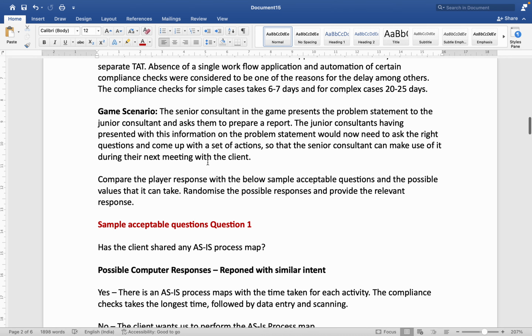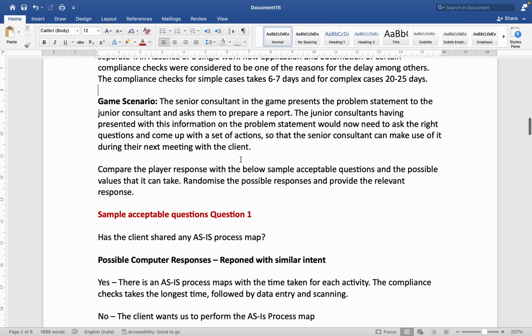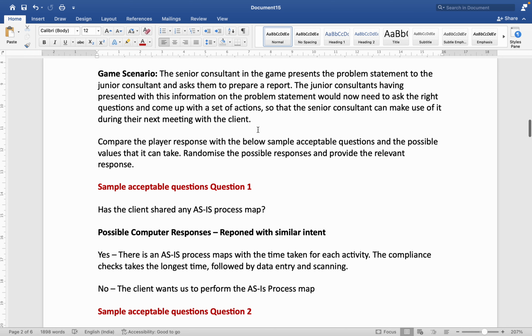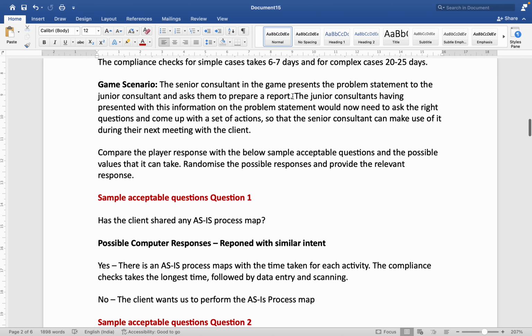Here I've stated the game scenario where the senior consultant would be talking to the junior consultant, and the junior consultant could potentially ask any kind of questions, where the primary task is for them to prepare a report.